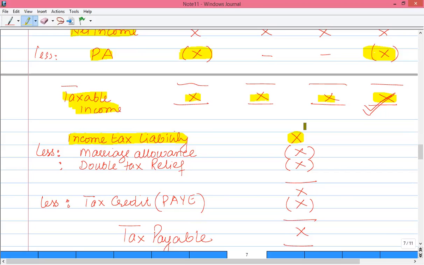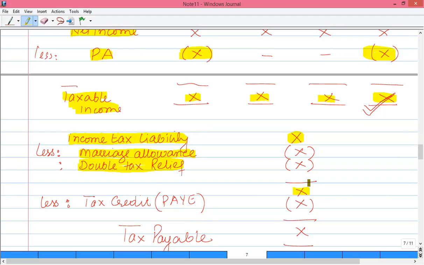But in this liability, we will get some relief as well. We will deduct a few reliefs that we will be discussing. Marriage allowance, if there is any marriage allowance, you will deduct that. If there is any double tax relief, obviously this double tax relief will be available on overseas income, and after deducting that, then you are liable to pay this income tax liability.